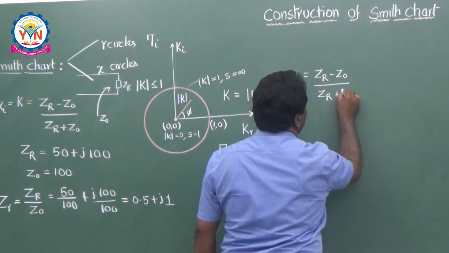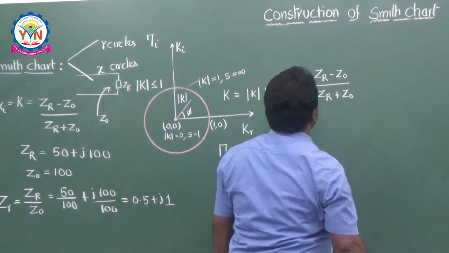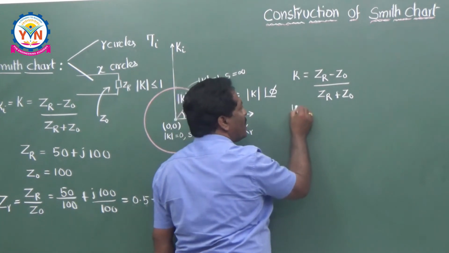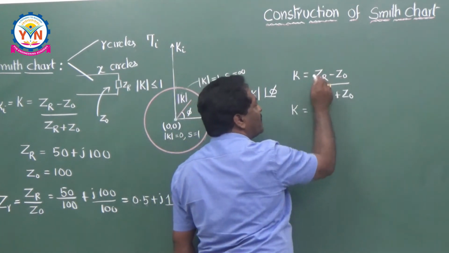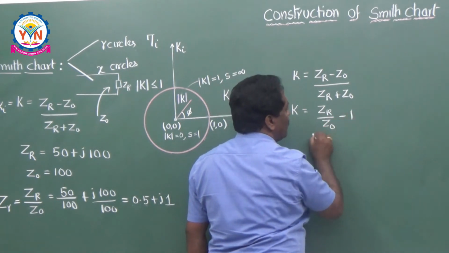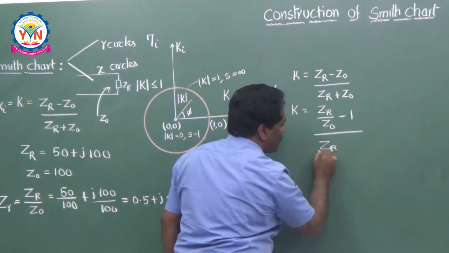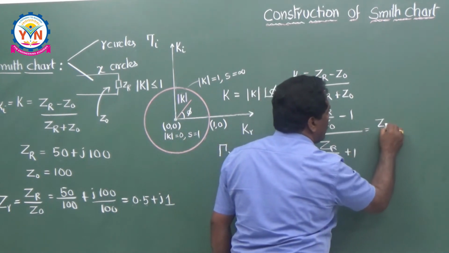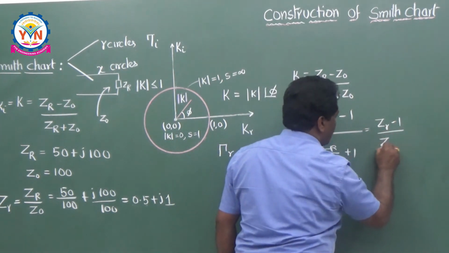If you want the normalization, divide by Z0. K is equal to ZR by Z0 minus 1 divided by ZR by Z0 plus 1. This is equal to z small r minus 1 by z small r plus 1.